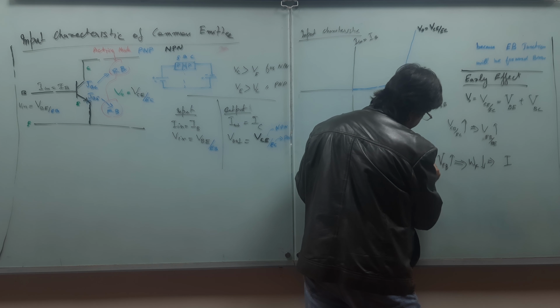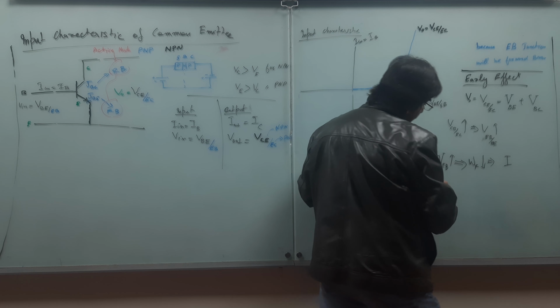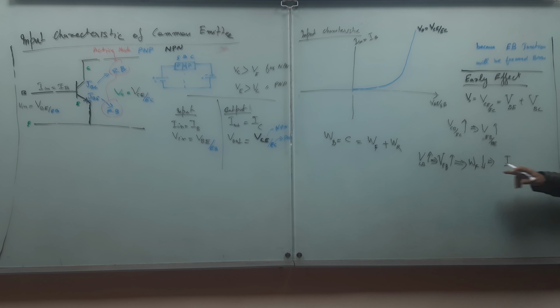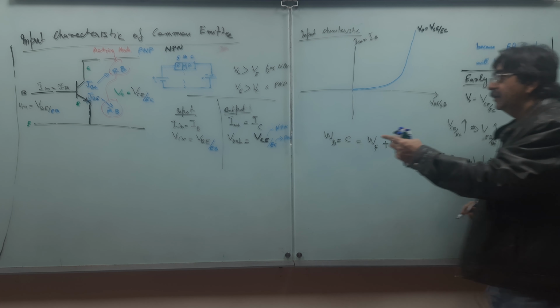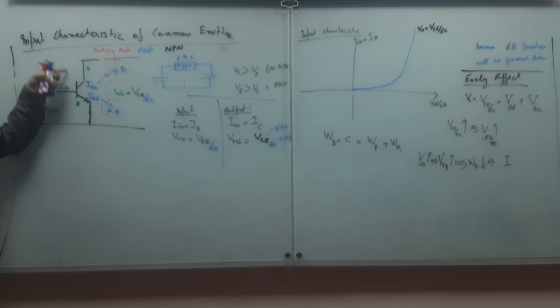VCB increasing, this VEB increase, W forward will decrease, then electrons will move faster from here.